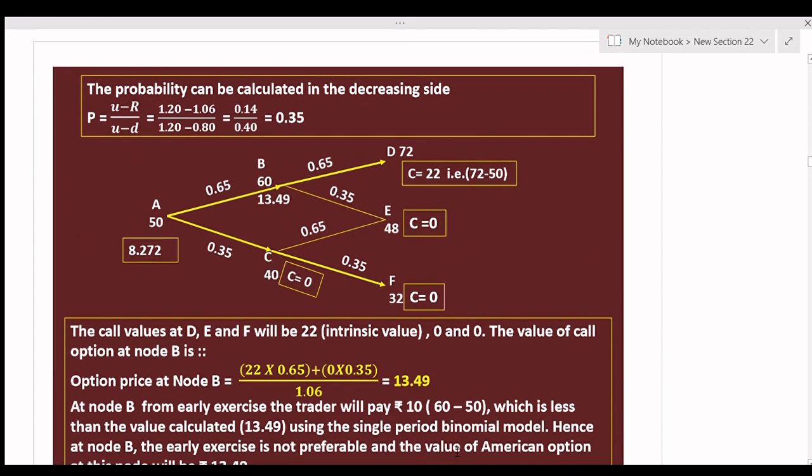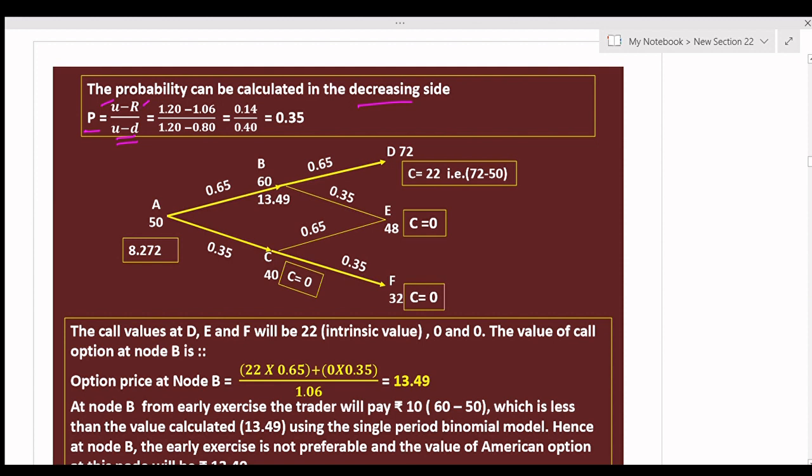You also calculate on the decreasing side. Then the formula will be P probability is equal to (U minus R) divided by (U minus D), whereas on the increasing side it was (R minus D) divided by (U minus D).